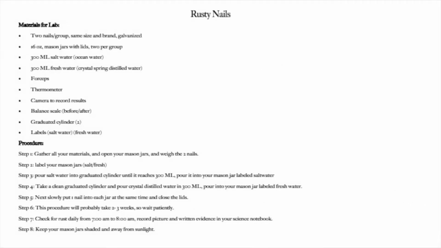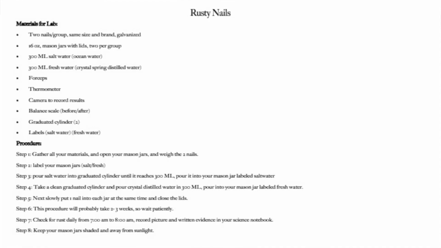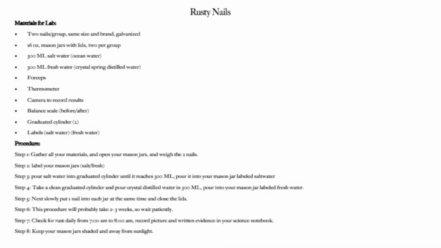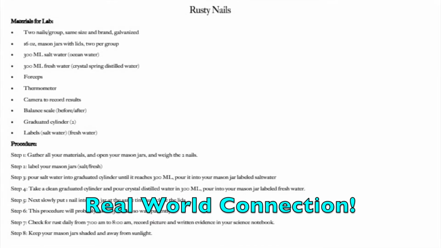So the first ingredient that I find for my science lesson on chemical changes is this rusty nails lab. And I like it, one, because a rusty nail is something in every student's real world, or maybe they've seen it around their home. So I like that idea of a real world connection for this content.